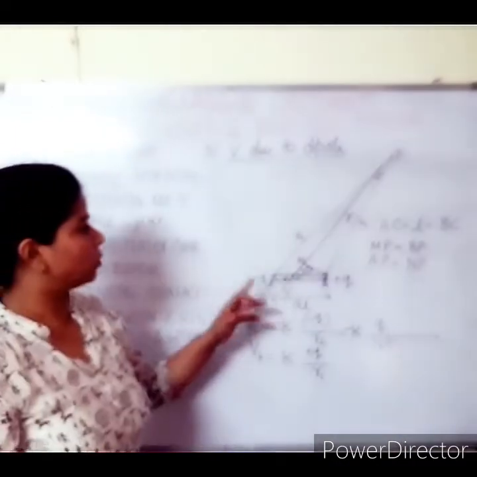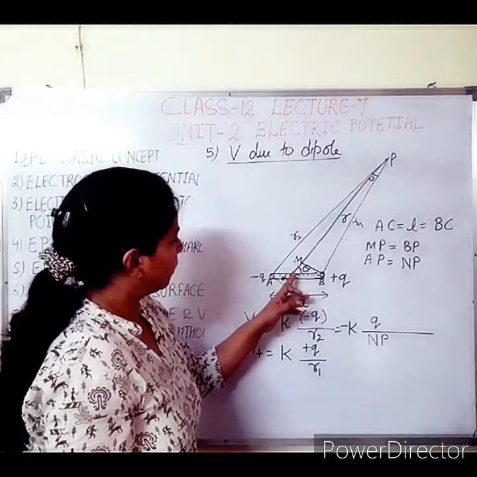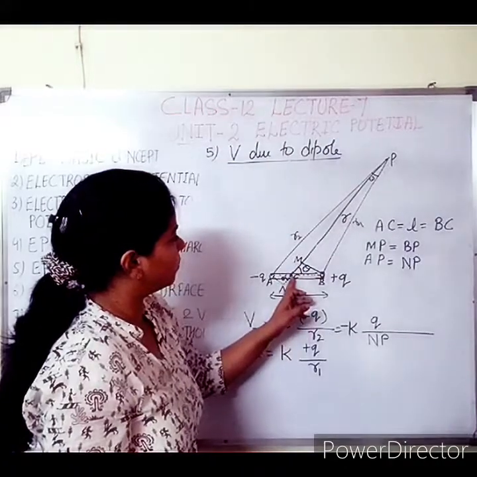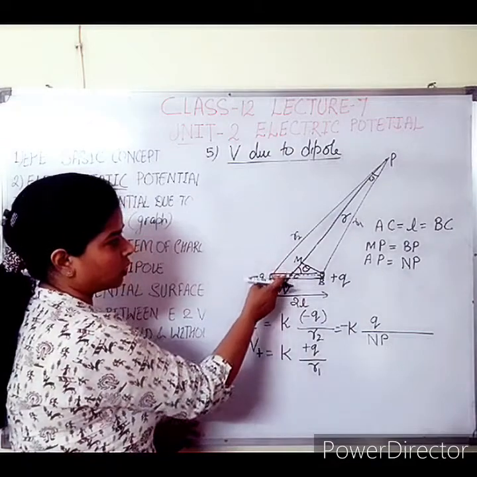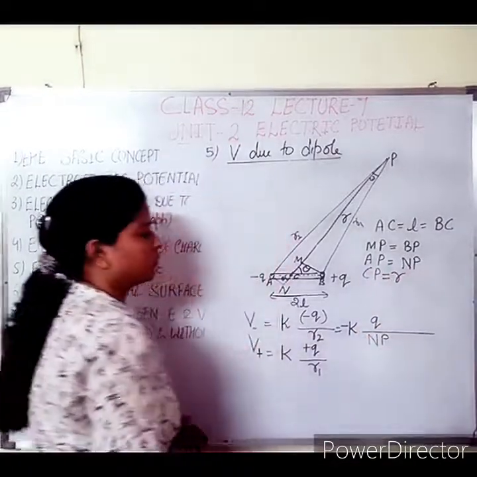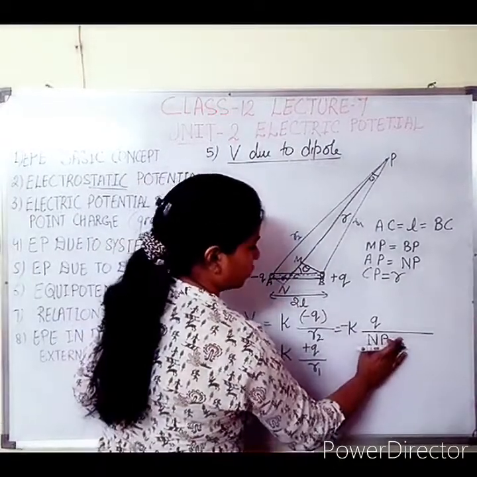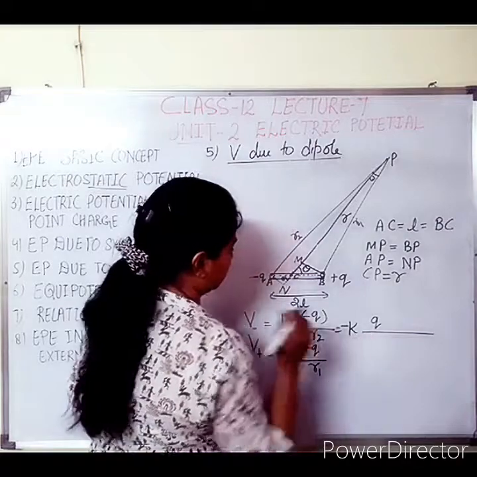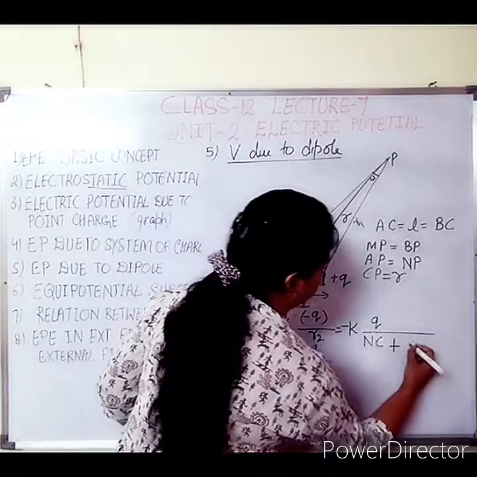Now NP is equal to what? NP is equal to NC plus CP, and CP is equal to R. We have taken the position CP as R. So R2 is equal to NP, and in place of NP I am writing NC plus CP.